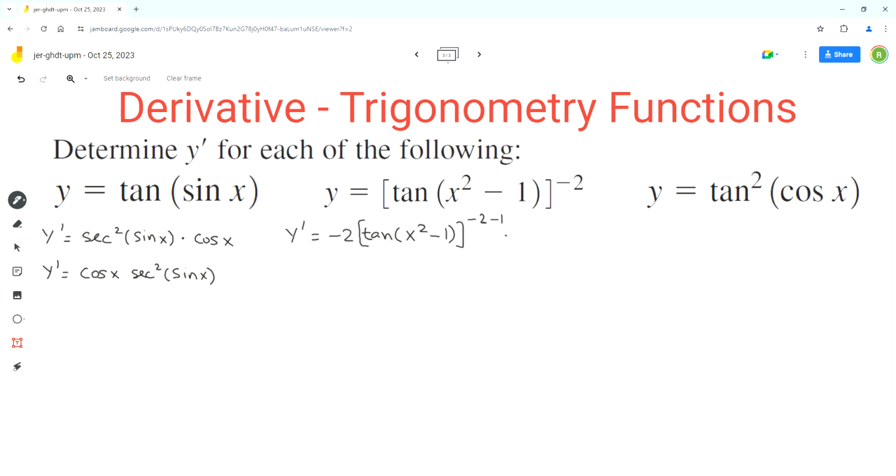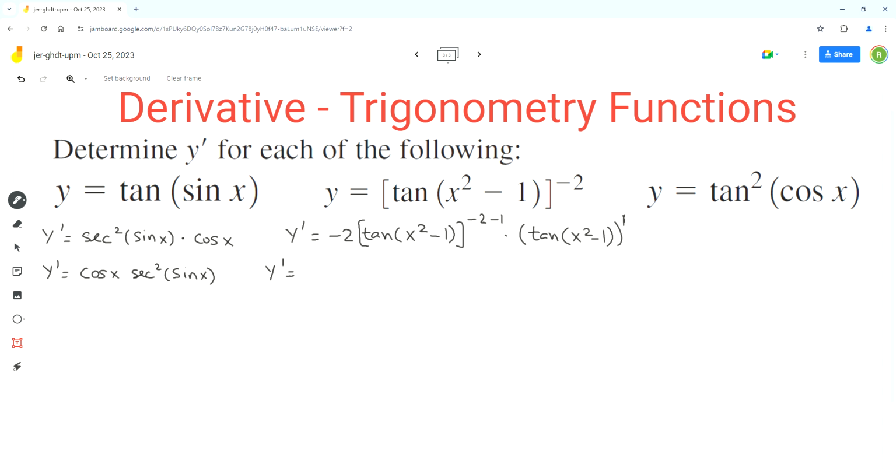Now the inner function is also a composite function, so we'll do the derivative in the next step. So in this step we'll just write it as prime. So we'll do the derivative in the next step.